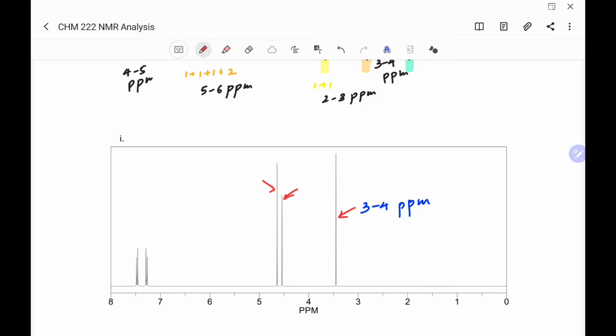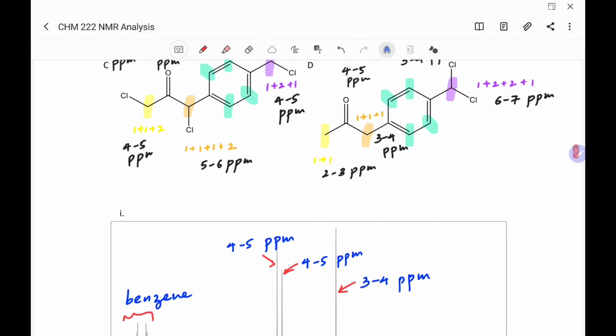Both these peaks are around 4 to 5 ppm. And then these peaks right here are benzene peaks. Okay, so let's look at the structures and see if we have a match. All right, so 2 4 to 5 peaks, and then 1 3 to 4 peak.